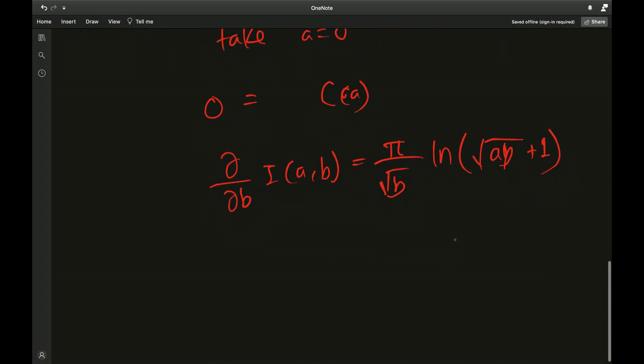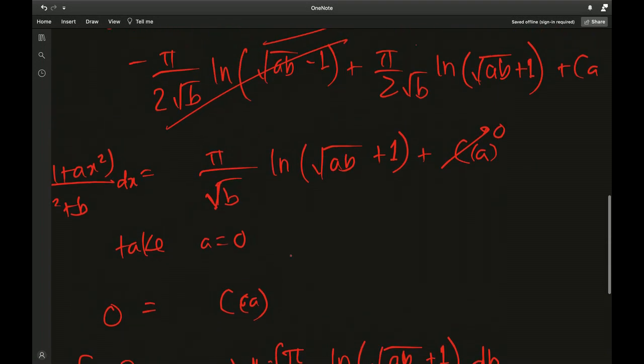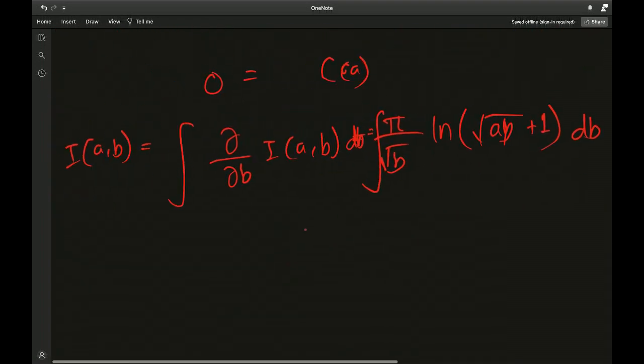And now to revert back to I of AB, which is what we wanted to find originally, we need to integrate not with respect to A but with respect to B now. So I'm going to do this integration on a fresh page, and after performing this integration, we'll have a constant of B like we had a constant of A, and we'll use a similar approach for that. So see you on a fresh page where I'll do the integration with respect to B.